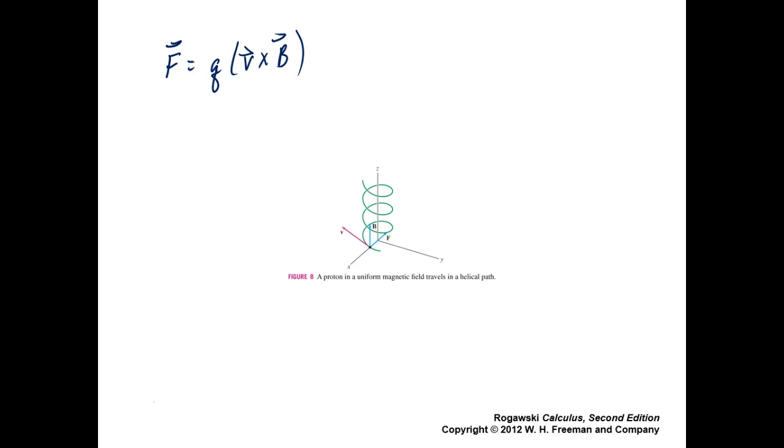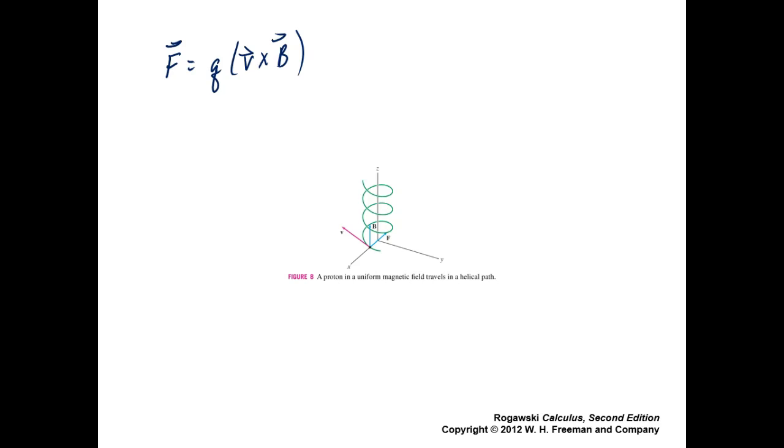Now, the other deal is this has to have a vertical component too. There's a horizontal component and a vertical component of the velocity. If that were in the direction of B, 0 force. If it's exactly perpendicular to B, which it kind of looks like it is there, that would just move it around in a circle.